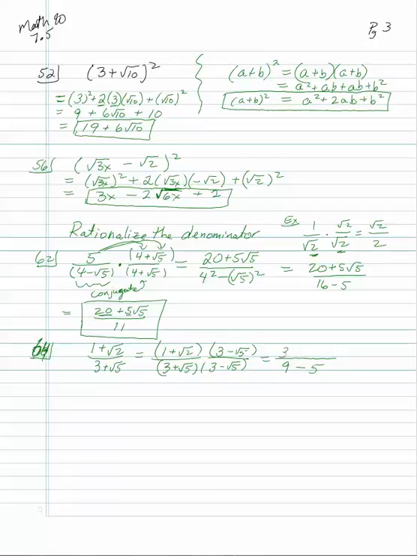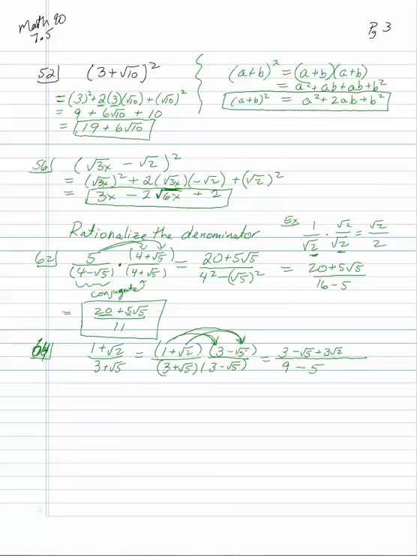1 times 3, 1 times square root of 5, 1 times negative square root of 5. Now I'm going to distribute the square root of 2. So it'll be 3 square root of 2. Remember, outside with outside, inside with inside. And then square root of 2 times square root of 5.